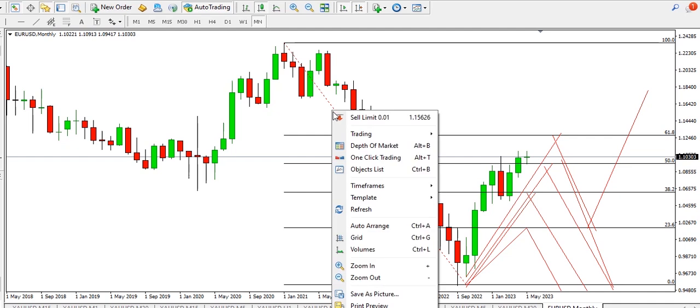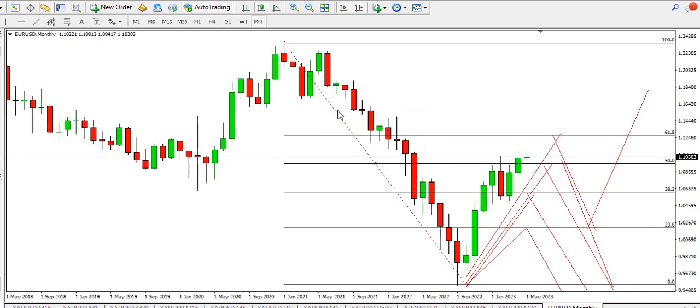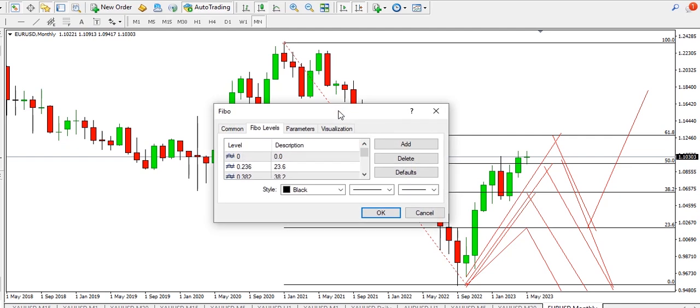You can set more levels on your Fibonacci tool by right clicking on the Fibonacci tool, going to the Fibonacci levels, and clicking add. Let's add the 74.6 Fibonacci level, for instance. The level will be 0.746, and the description will be 74.6.